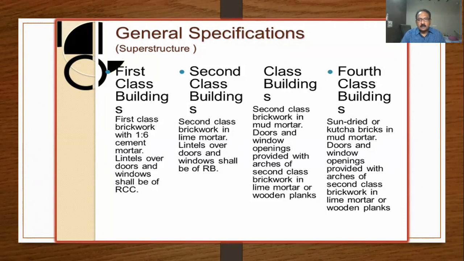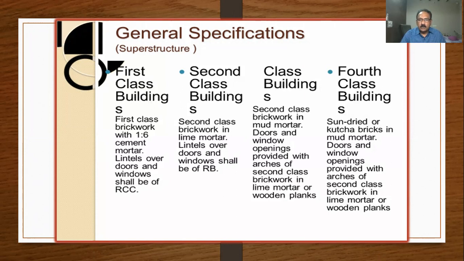In substructure, what are the components? First is excavation. After that you will have the PCC bed, RCC footings or foundation or brick wall foundation, up to ground level, and then we will have the plinth.